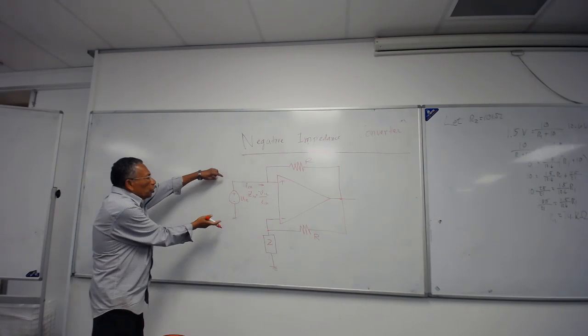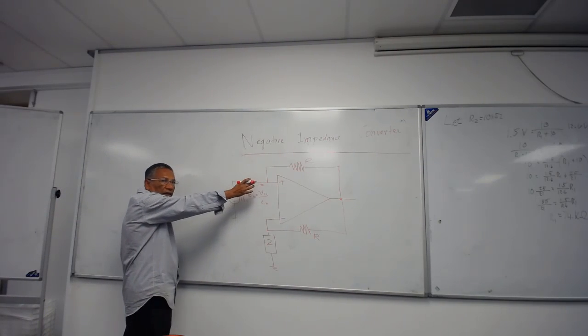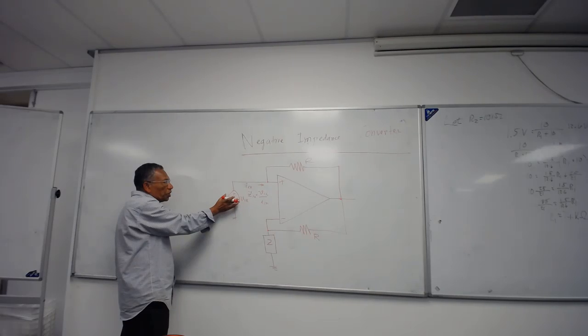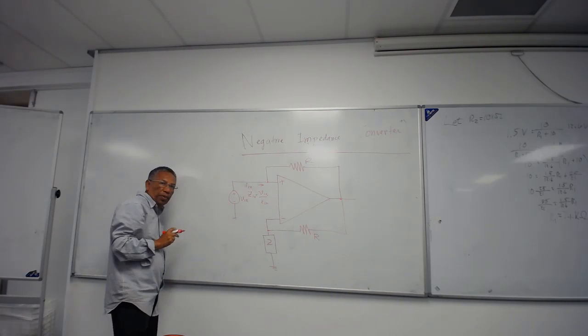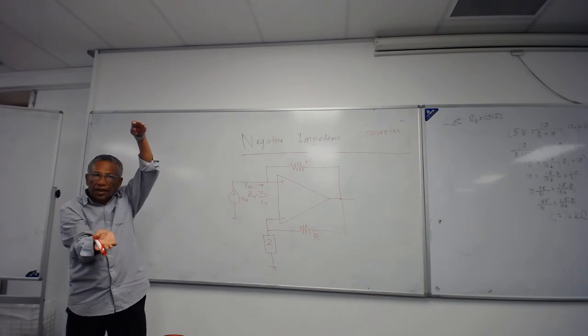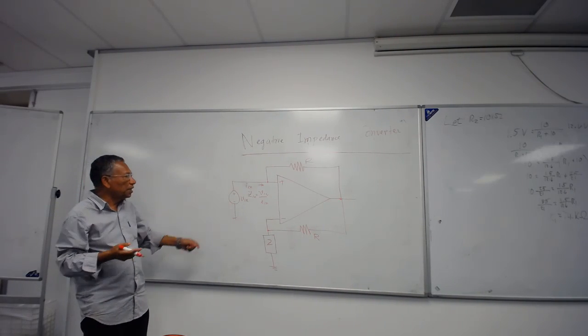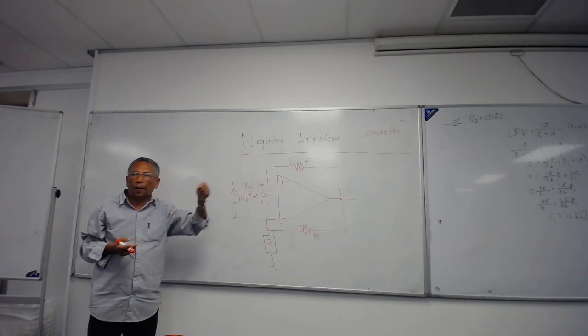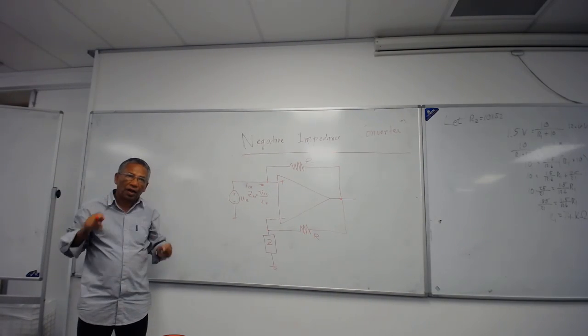Anytime you have a voltage source driving a current, then the ratio of the voltage to the current is your input impedance. Okay, you have a voltage, it's driving a current. Take the ratio of the voltage to the current, that is an impedance looking into that terminal.